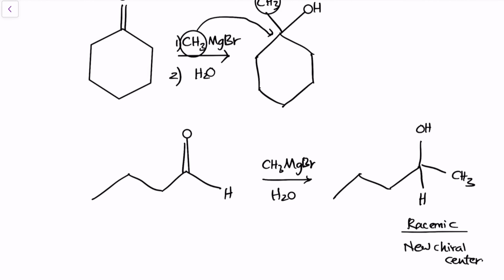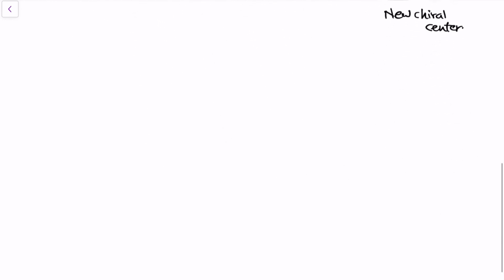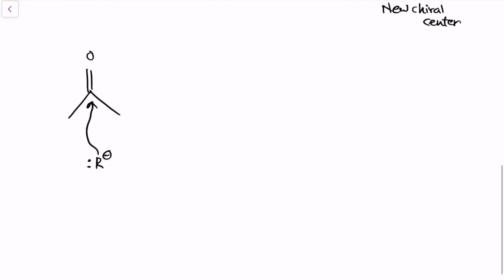So in simple sense, what is happening in the reaction is that when you take a ketone, the carbon gets attacked by the R minus nucleophile, and the group that was originally there will form an O minus compound.